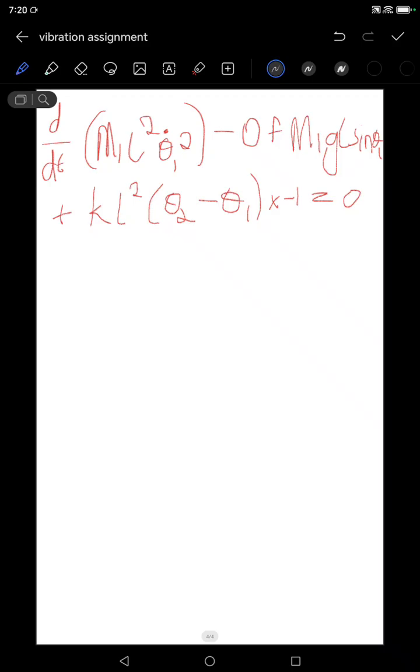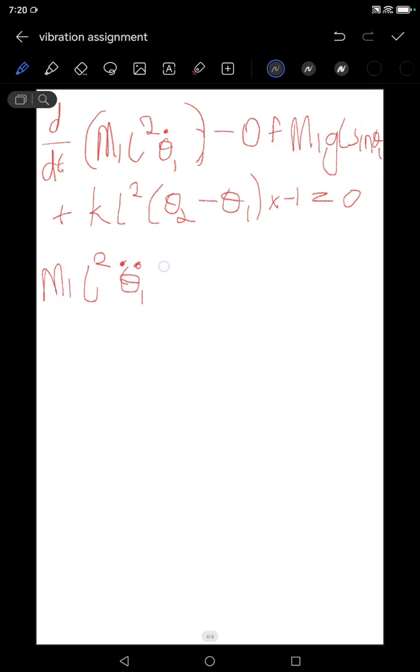So we're going to continue. We're going to derivate this theta dot 1. Actually, here there's no squared, sorry guys. It's just theta dot 1. So here we're going to derivate m1 l squared theta dot 1 with respect to time. So it's going to be m1 l squared theta, with 2 dots, 1.